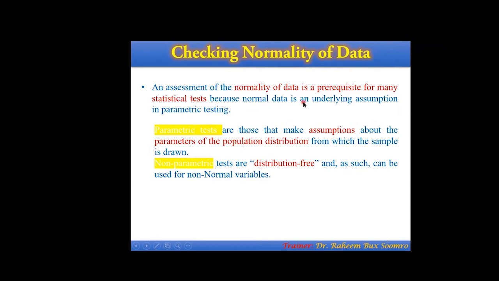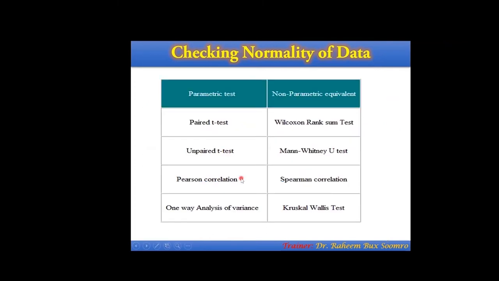If the data is non-normal, then you can go for a non-parametric test, because that is distribution free and does not follow any parameters. This table provides some examples of parametric tests; you can choose any test from it. And these are the non-parametric tests; you can choose any of these if your data is non-normal.